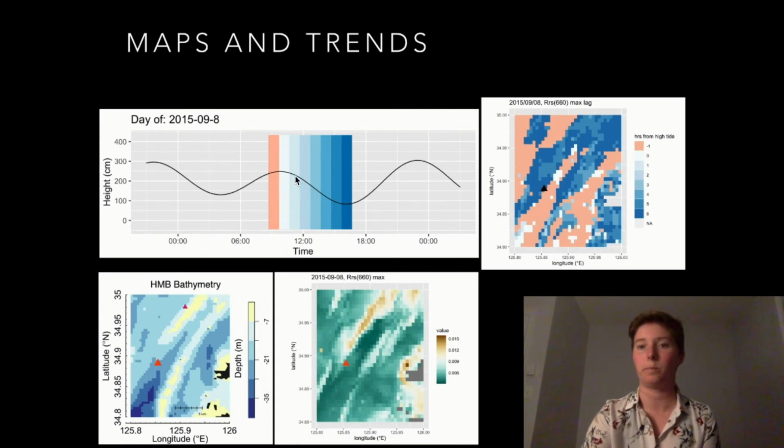Now, we're seeing some pretty cool results with just this day, where channels definitely seem to be having their peak reflectance at or around high tide, which means whatever was going on during peak flow here doesn't seem to be bringing a lot of suspended sediment to the surface, which is what we would expect.